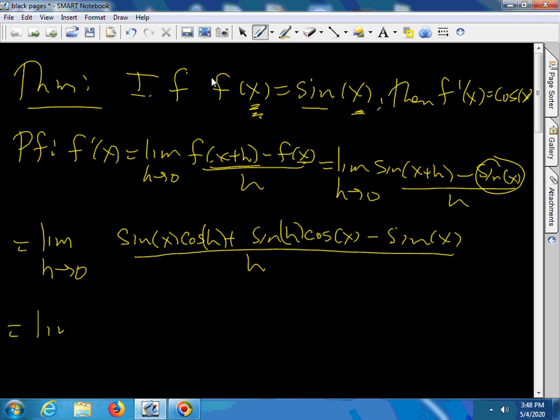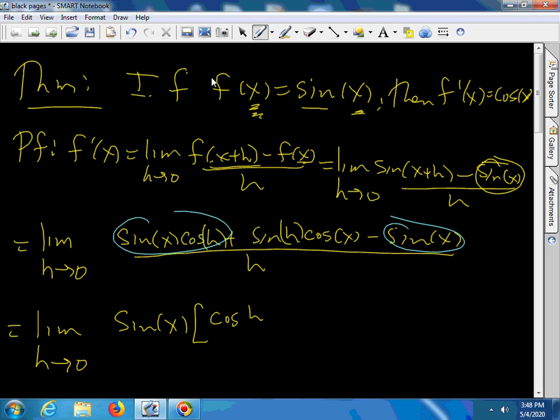And this is equal to the limit as h goes to 0 of, well, I notice that these two have a sine x in common. So let's factor it out. The sine of x times the cosine of h over h plus the sine of h times the cosine of x over h.